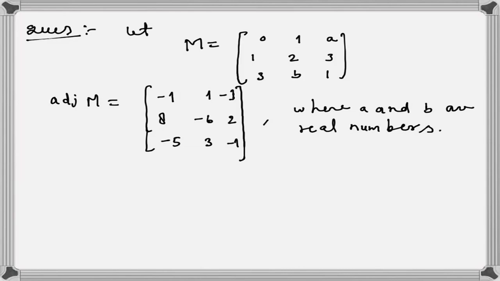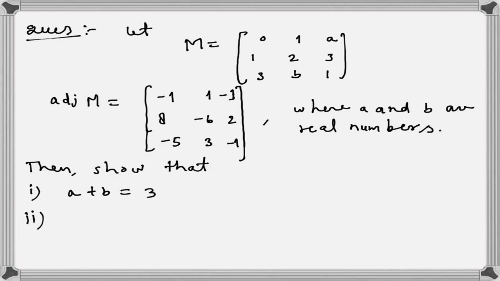Then show that number 1 is a plus b equals 3.